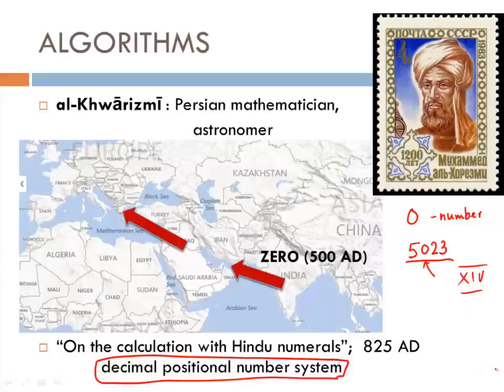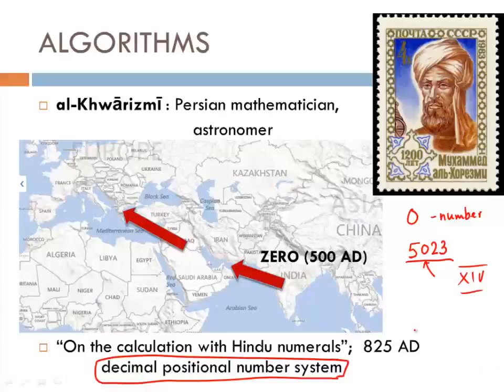But of course, with the decimal positional number system, we can add, and these were in fact the first algorithms ever discovered. The zero and the numbering system traveled to Baghdad in Iraq, where Al-Khwarizmi, a Persian mathematician and astronomer, became very interested in this.